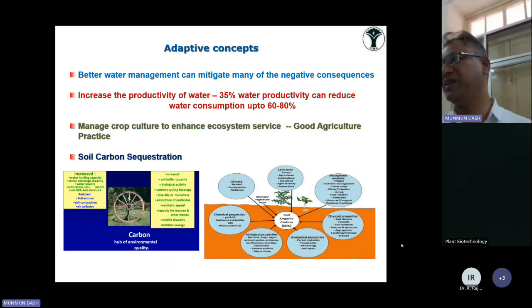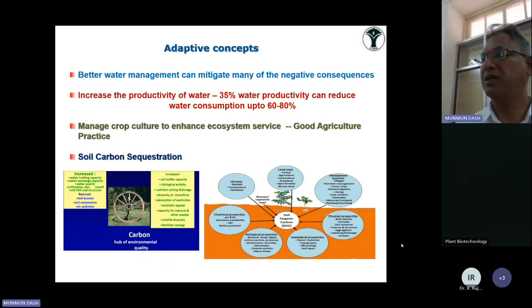If you achieve even 35% water productivity, we can meet the requirement of 60 to 80%. We only have to achieve 35%, even 25 to 30% is good enough.